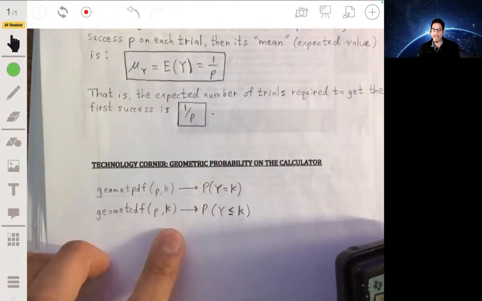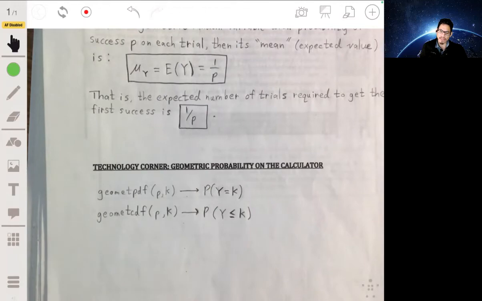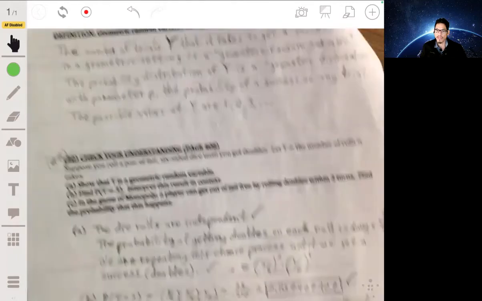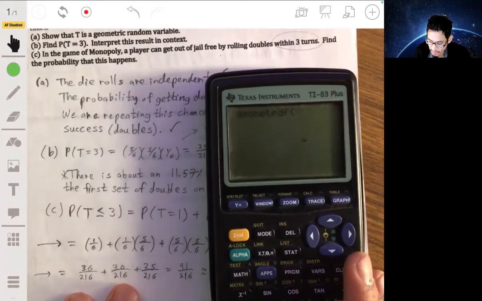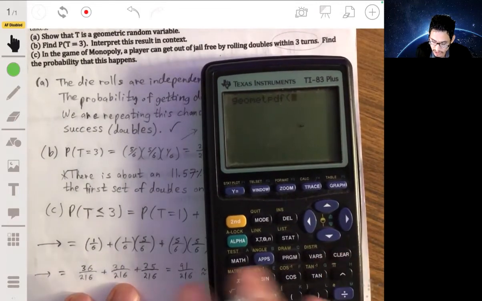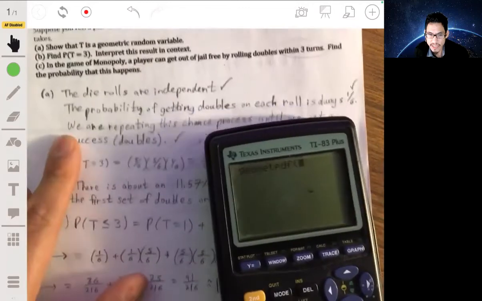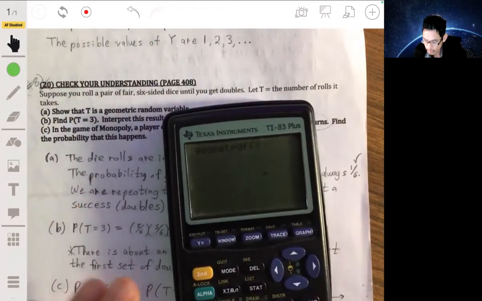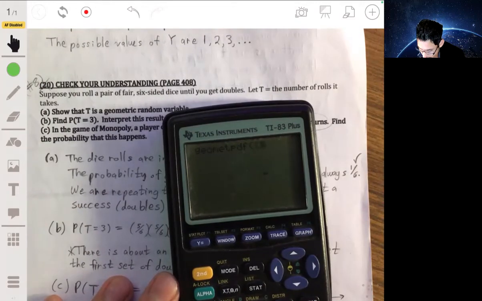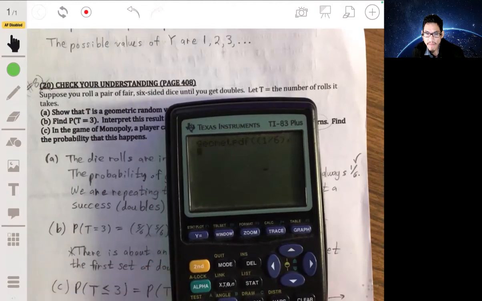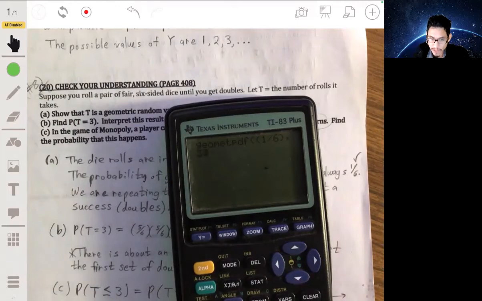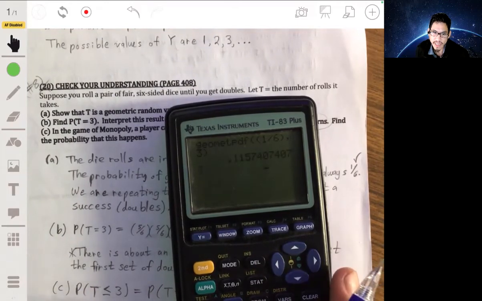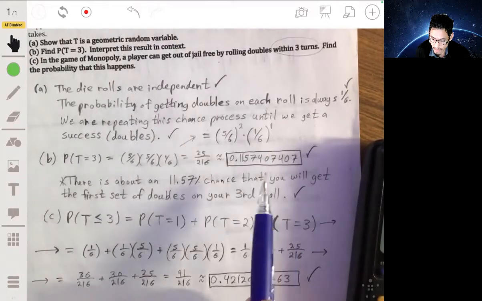So instead of NPK, it'll just be PK. I'm going to enter p first, which is, in this case, 1/6. Let me put it in parentheses so it's exact. P is 1/6, and I want to find the probability of the first success being on trial 3. So k is 3. Calculate that, and I get the 11.57% again.